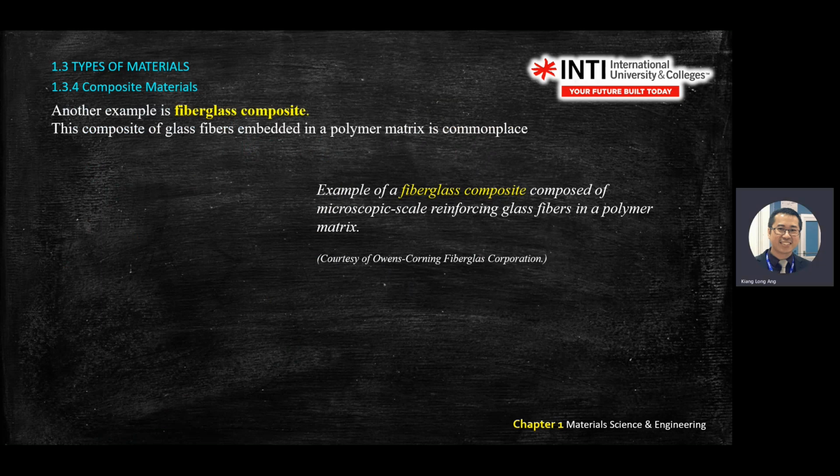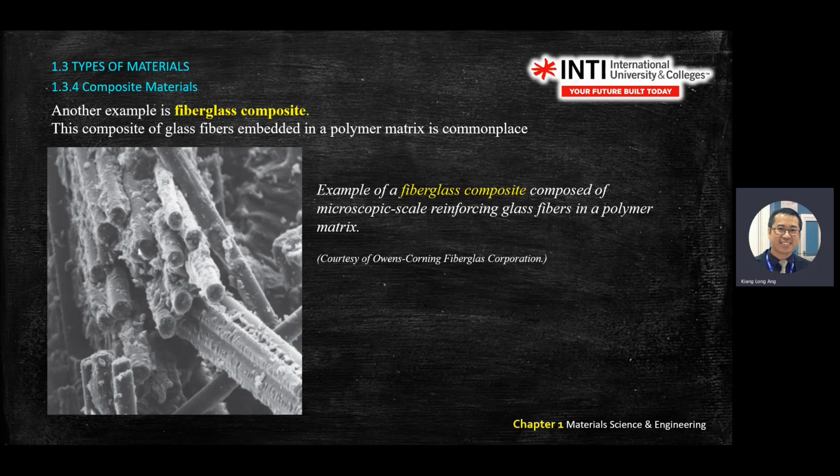So what are examples of a composite material? Fiberglass is one of them. This is under the microscope. Microscopic means you see it under a microscope, and the unit is usually 10 to the power of negative 6, micron.